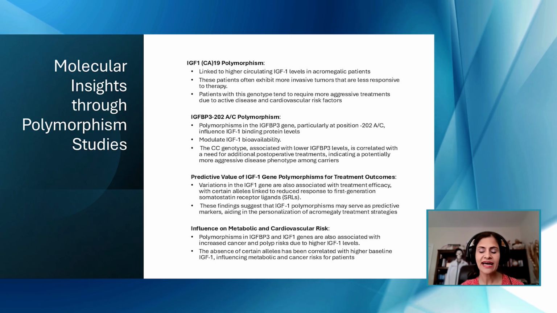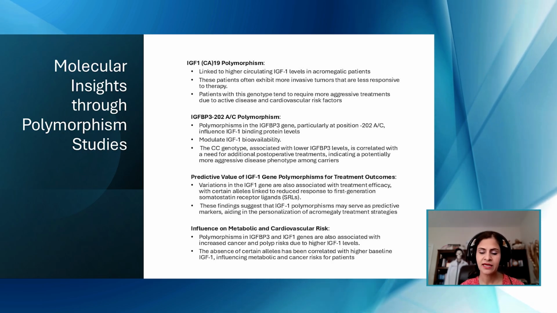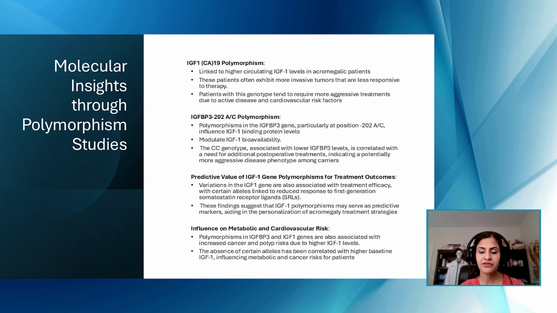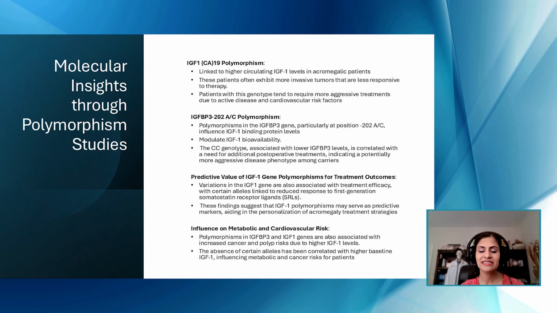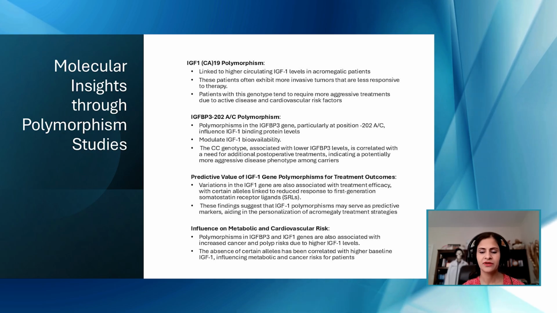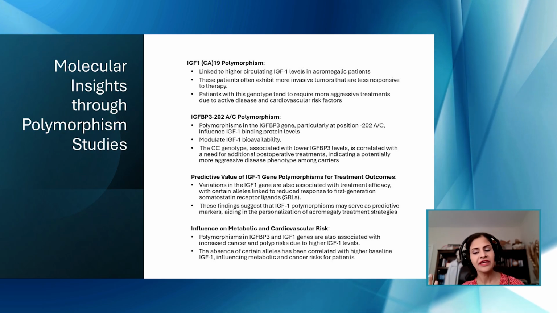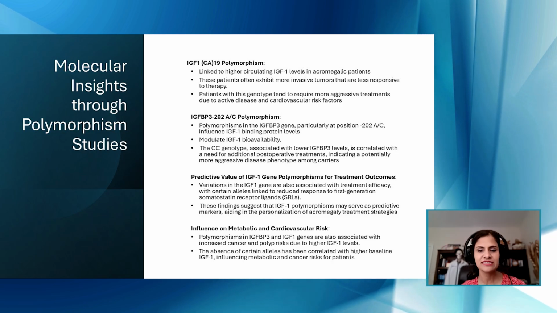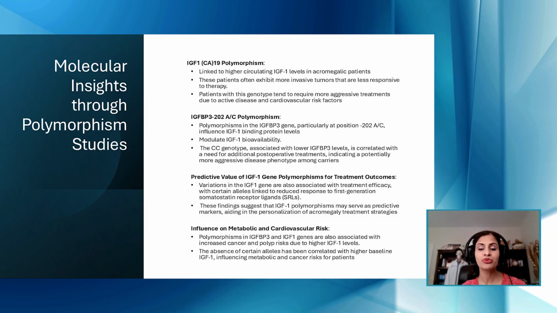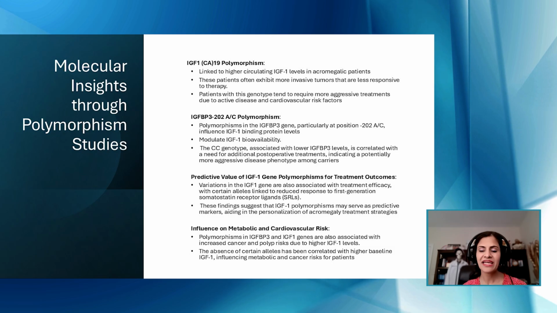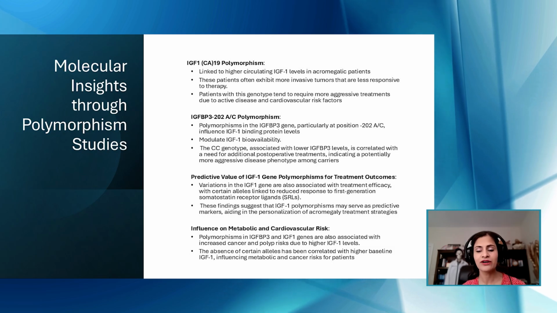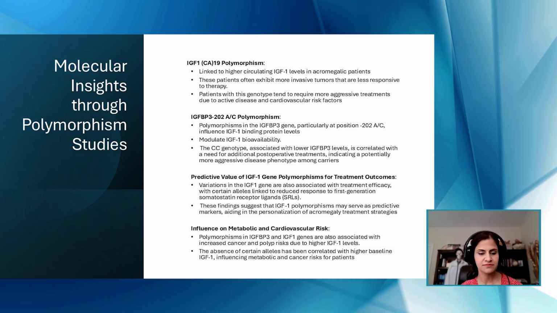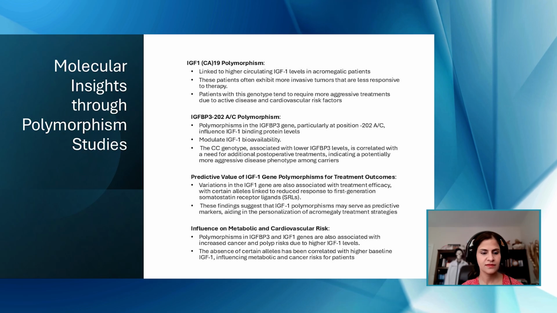It can modulate IGF-1 bioavailability. It can lower IGF-BP3 levels, and it's correlated with a need for additional post-op treatment and indicates a more aggressive phenotype. So these variations in the IGF-1 gene can be associated with treatment efficacy, and they may serve as predictive markers that can help aid in the personalization of acromegaly treatment strategies.